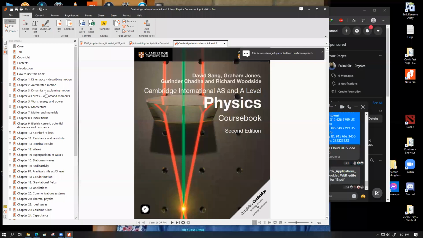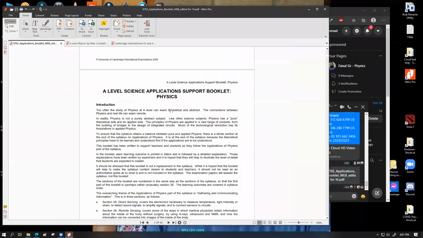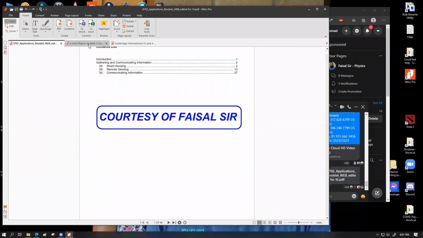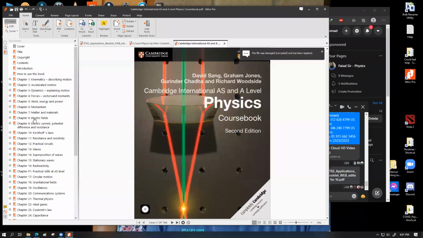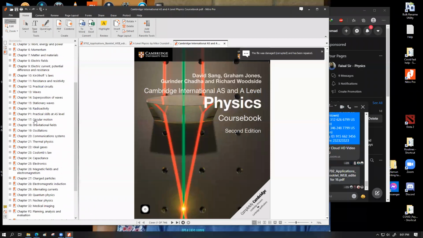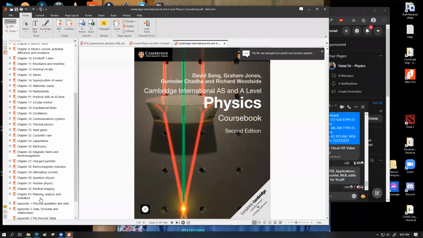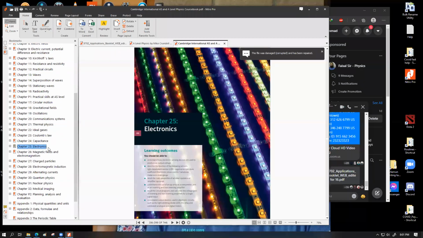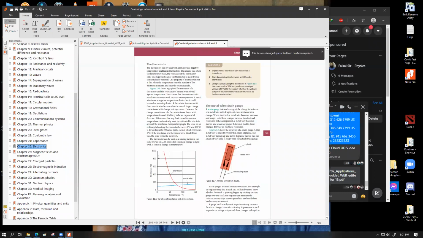For example, the first thing that we have in the application booklet is direct sensing. So what direct sensing is about is the application of the operational amplifier, which in your syllabus is introduced, I believe, here in the chapter of electronics.